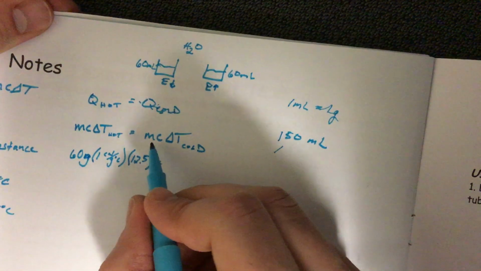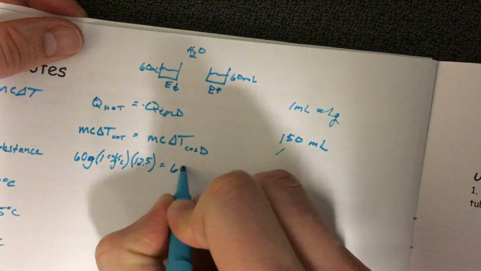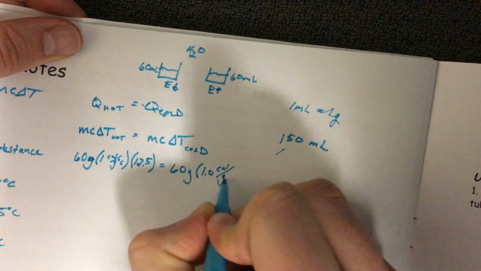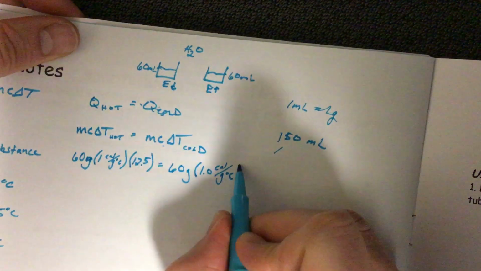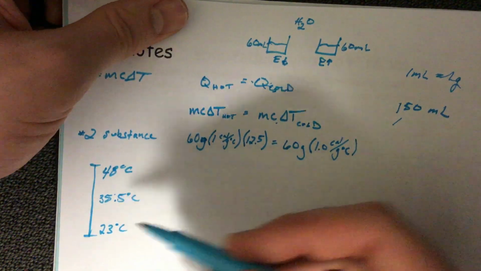And if we look at our mass of our cold substance, again it's 60 grams. We're still dealing with water, so we have 1 calorie per gram degree Celsius for our specific heat, and then we have our change in temperature again, which was 12.5.